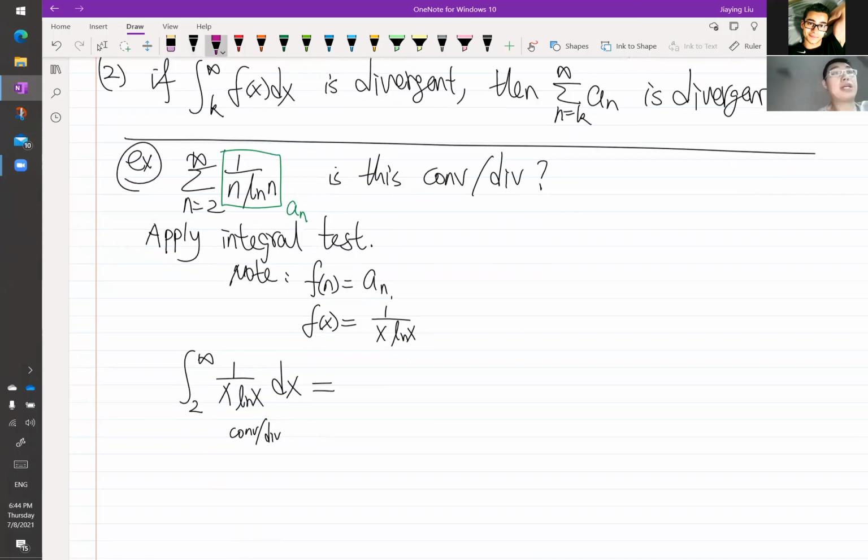So let's try to find this integral. Since we have an infinity there, this is an improper integral, so we have to use the definition with limits. This is type 1, right? The limit as t goes to infinity of the integral from 2 to t of 1 over x natural log of x dx.